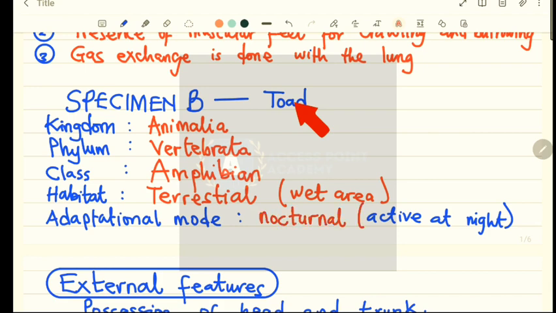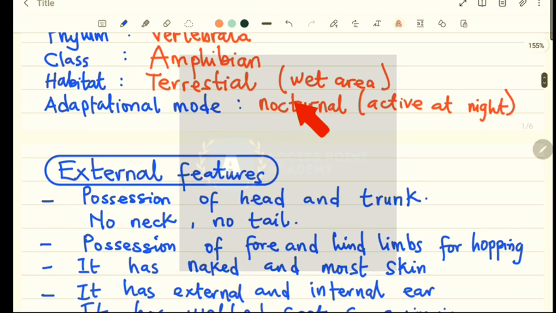The adaptational mode of the toad is nocturnal, meaning that it is very active at night. So at times at night you see toads in your various homes. Okay, so what are the external features? Possession of head and trunk.